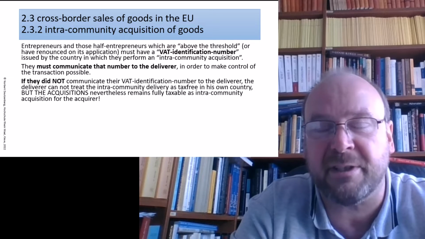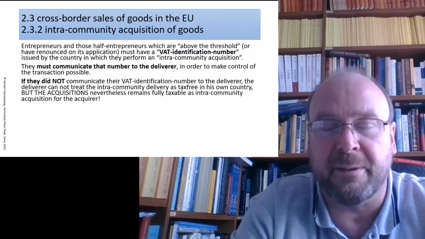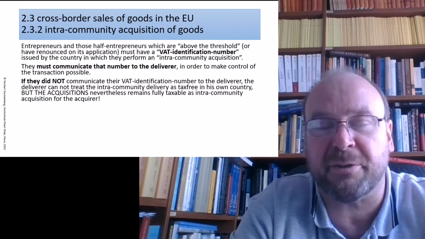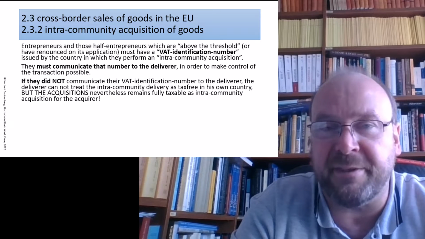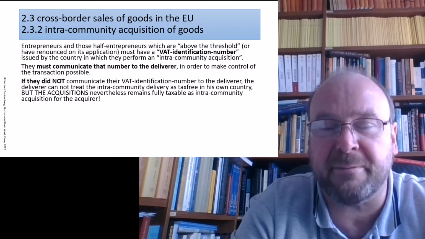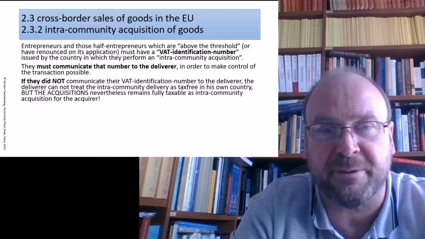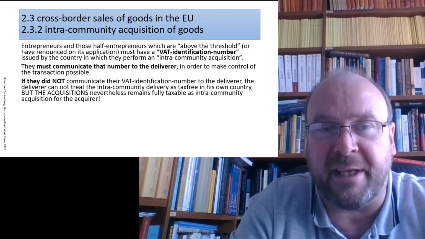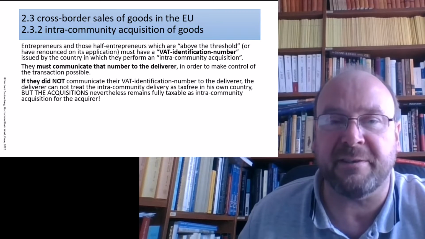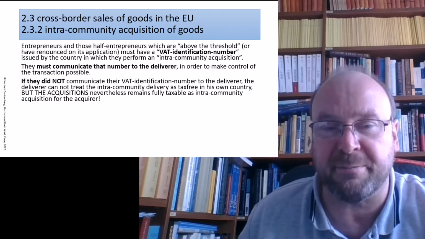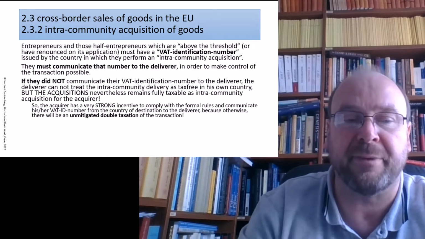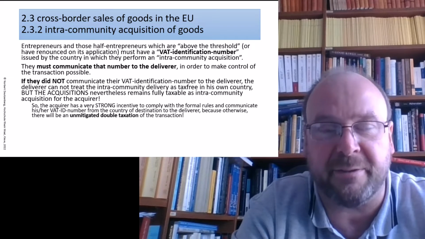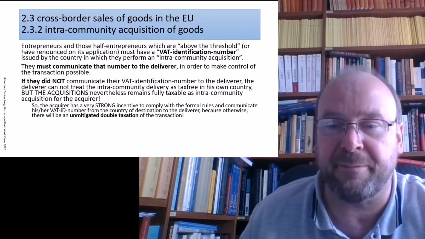So in that case, you would have a full double taxation. The acquirer could be caught by the fiscal administration and charged with the tax for an acquisition. The deliverer paid a tax because he could not prove that he himself was not the taxpayer. And so you would just create chaos by not communicating your VAT identification number to your business partners if you have one. It would be an unmitigated double taxation, or even clearer, an unmitigated disaster.